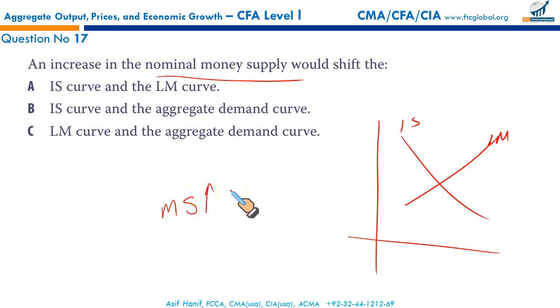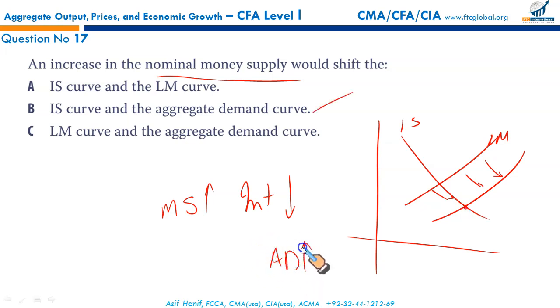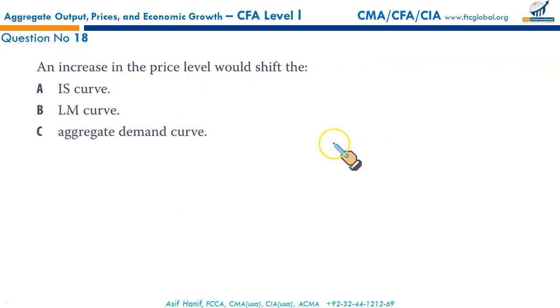An increase in money supply would be followed by a decrease in interest rates, and a decrease in interest rate would shift your LM curve to the right. And lowering the interest rate would also mean that the new intersection between IS and LM is further to the right. So aggregate demand would also increase. So that would be a shift in the LM curve and aggregate demand curve. That makes C the correct option.